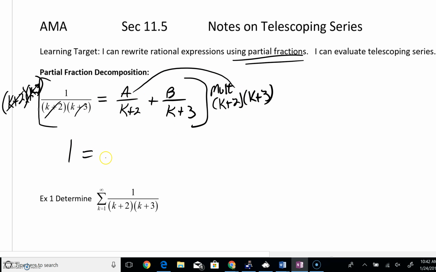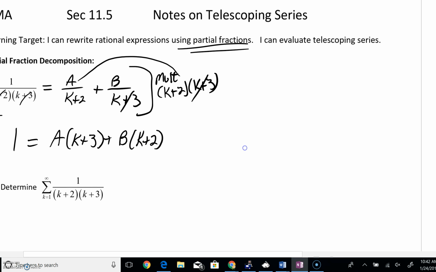As you distribute over here, you'll have an a times, well, the k plus 2's would cancel. You'd be left with a k plus 3. Right here with the b's, you can see that the k plus 3's are gone, and you'd have b times k plus 2. I'm going to rewrite this over here, just telling you that to find out what your a and your b really are, you can choose friendly values of k.